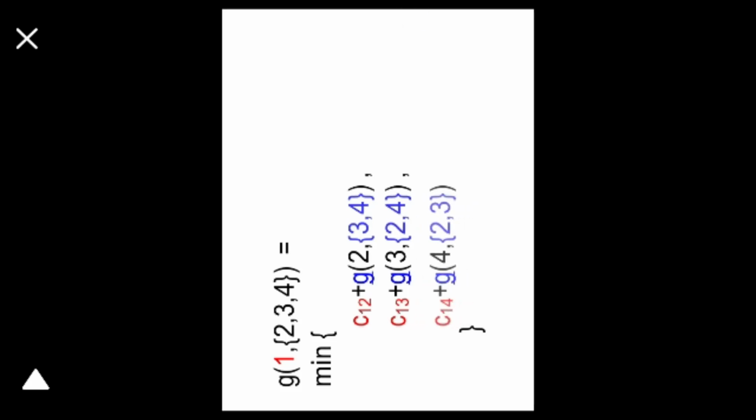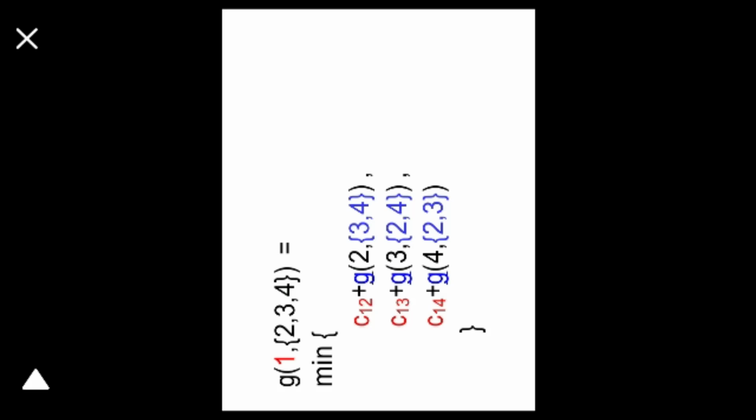After starting from city 1, he can visit city 2, or 1 to 3, or 1 to 4. Now assume that if he has selected 1 to 2, then from 2 he has to continue. So we can write this as C12 plus G of, now we are at city 2, G of 2. If it is C13, then G of 3. If it is C14, then it is G of 4.